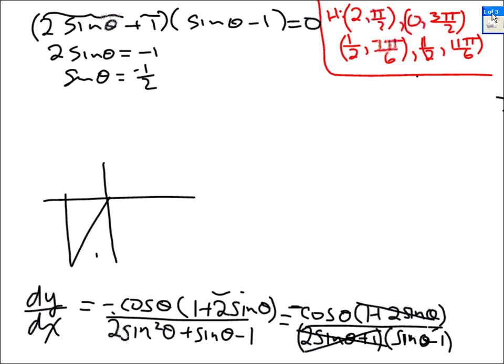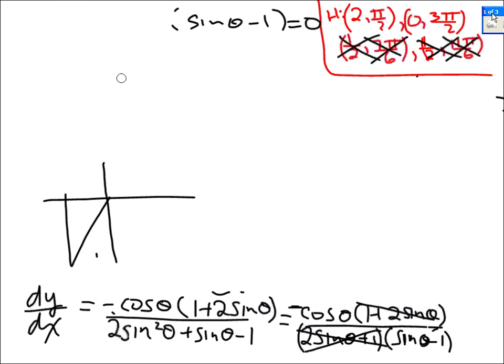In fact, I didn't need to do both of these. But it would have come up in the math anyway: the top and the bottom were 0 at 7 pi over 6 and 11 pi over 6. So it turns out I just need to find out when sine of theta minus 1 is 0.